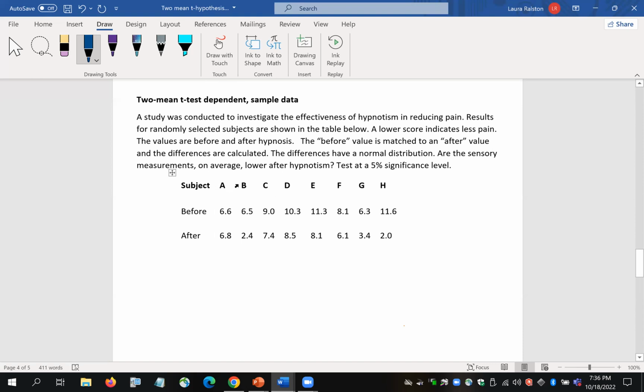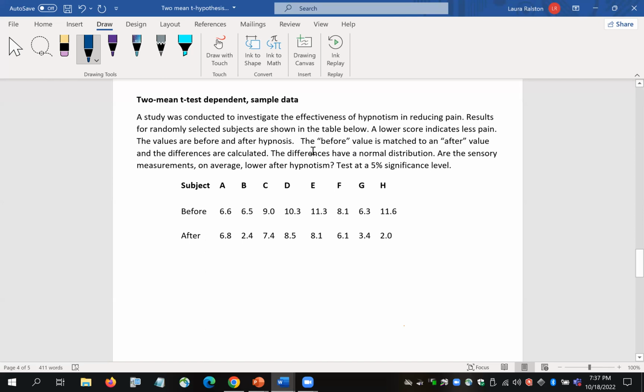The way you would read this is subject A reported a level of 6.6 before hypnosis and a level of 6.8 after. They're paired in the sense that the values are for the same person. It doesn't show the differences on this table; that is something Minitab is going to do for you behind the scenes.